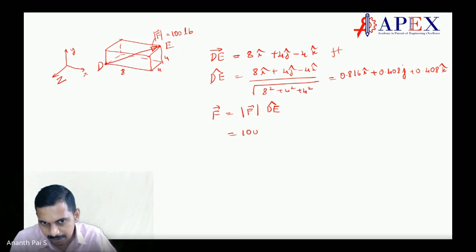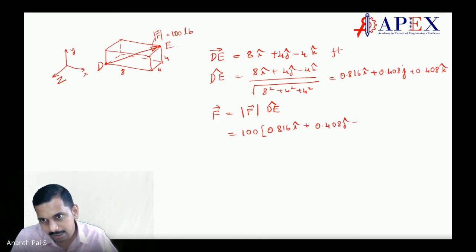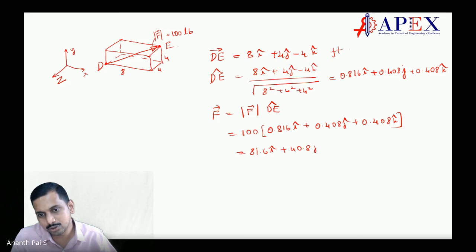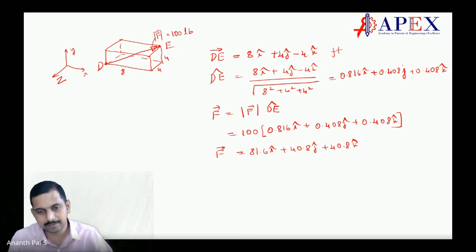The magnitude of force is 100 and the DE unit vector is 0.816i plus 0.408j plus 0.408k. Makes sense? So what is this? It is 81.6i plus 40.8j plus 40.8k. Makes sense, students? This is my F vector.